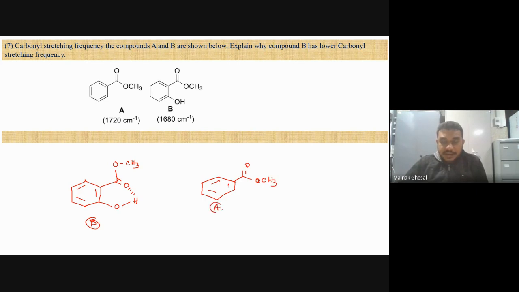So hydrogen bonding is there in B, and it will take some electron density from here. So what will happen? This CO bond strength will decrease. Since CO bond strength will decrease, the vibrational frequency will decrease, and that is seen for B, that the vibrational frequency is getting decreased. So hydrogen bonding is possible for B, whereas it is not possible for A. That is also a very straightforward question.